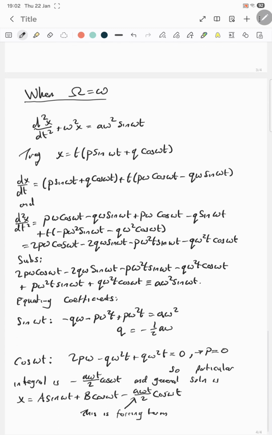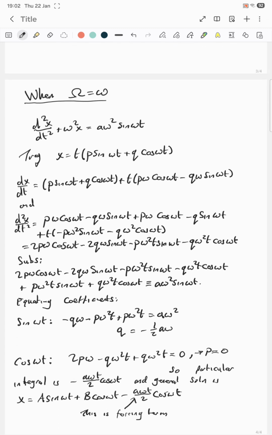But when they are equal, we get d squared x over dt squared plus omega squared x equals a omega squared sine omega t. So in this case, we try this with our time dependence, which seems like a sensible solution for this particular case.